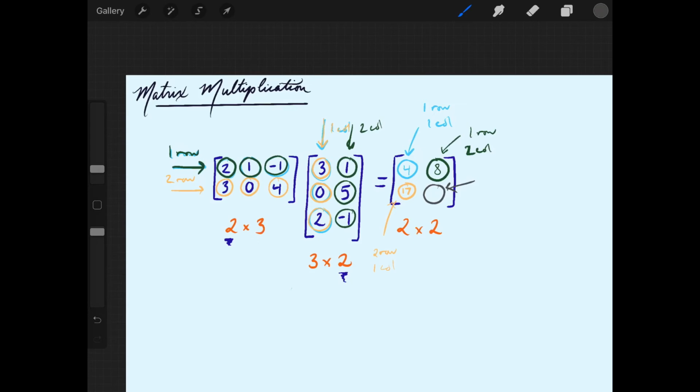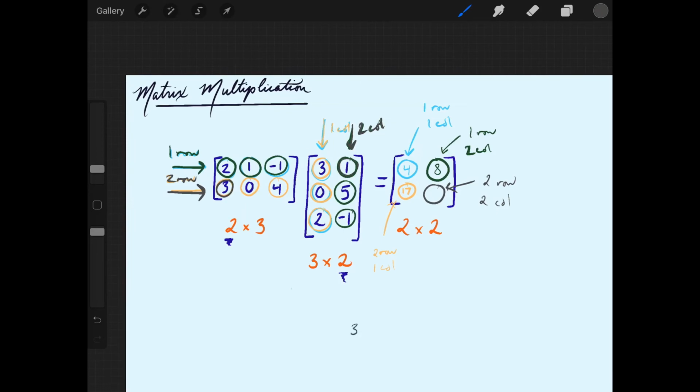To figure out what goes into our last spot here, we've got to think about what its coordinates are. It is in the second row and second column. So I need to use the second row, and I need to use the second column. And I'm going to move along just as in the past.